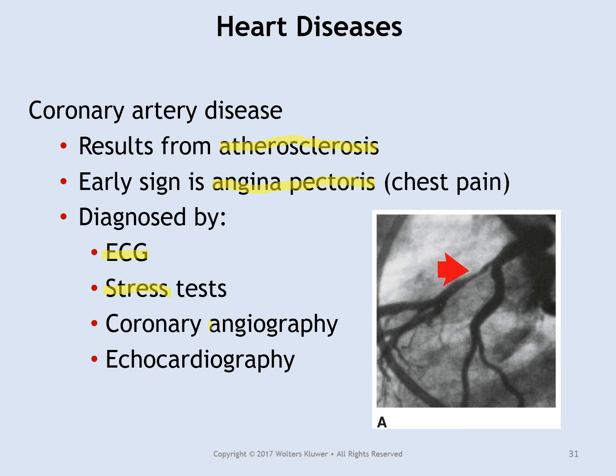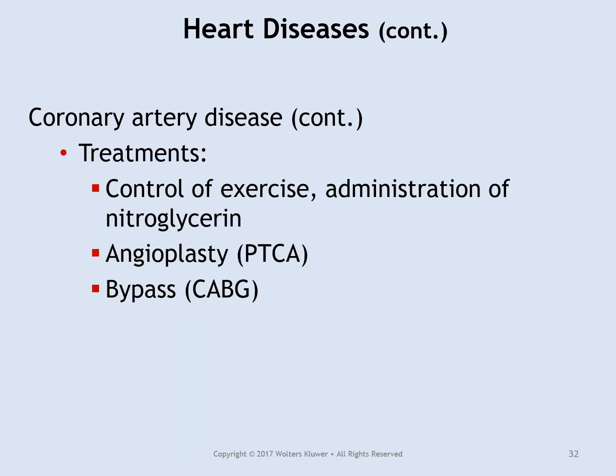You can actually take a look at it through angiography, and also another way to see the heart in action is echocardiography. Echo is a prefix referring to sound. The cardioarrhythmia, you can treat it with exercise, and nitroglycerin will release the smooth muscles around the heart so that it will stop hurting, essentially.